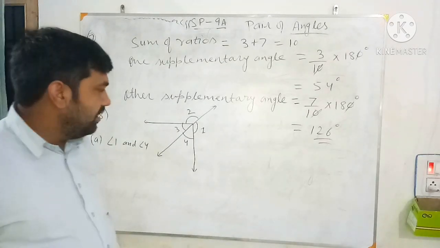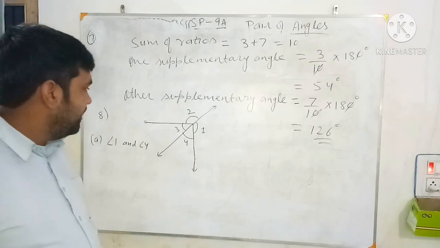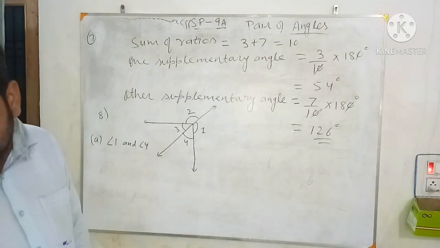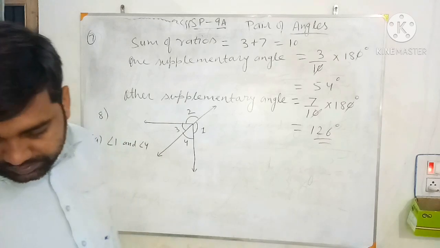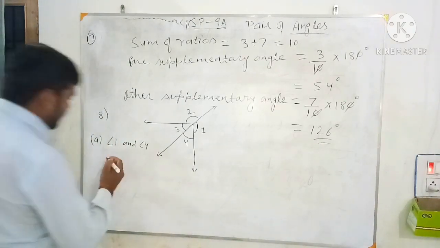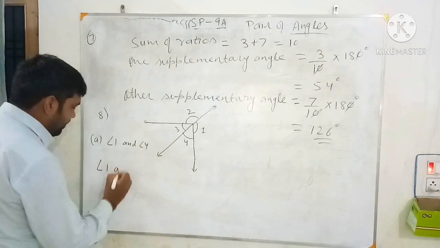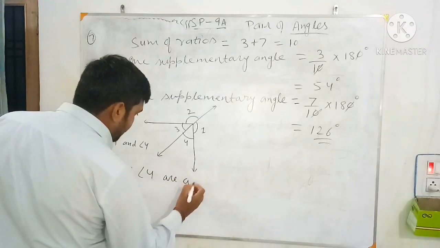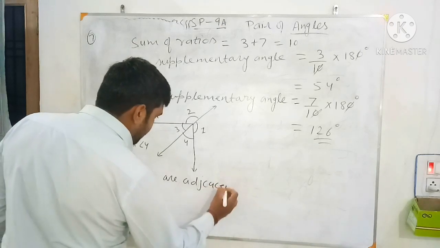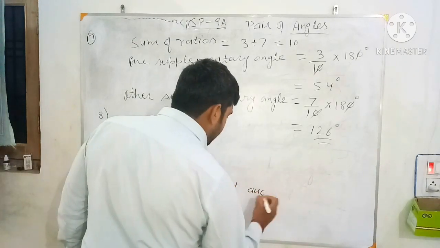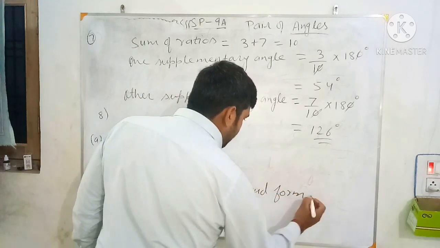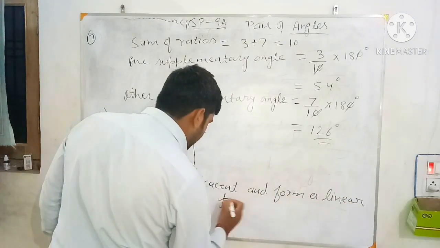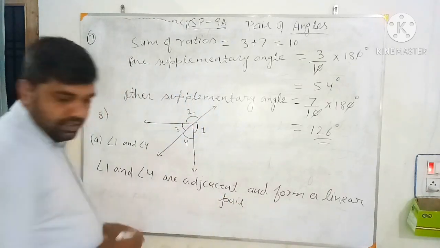The sum of the measurements of a linear pair is supplementary, that is 180 degrees. So angle 1 and angle 4 are adjacent and form a linear pair.